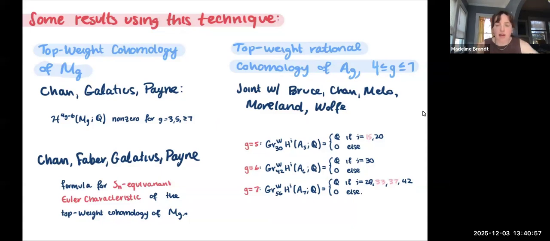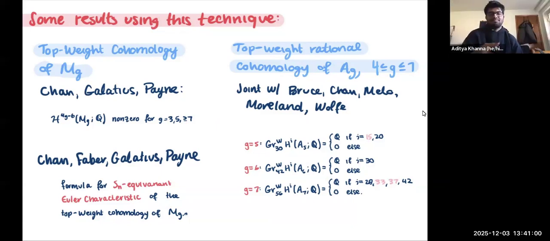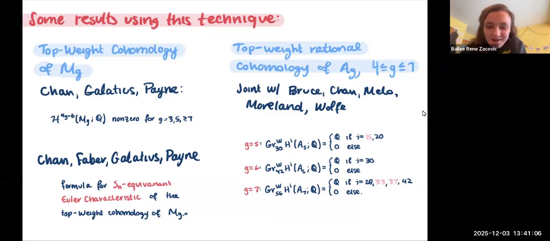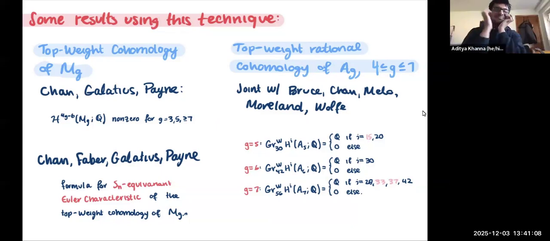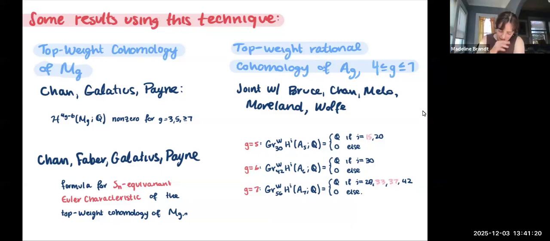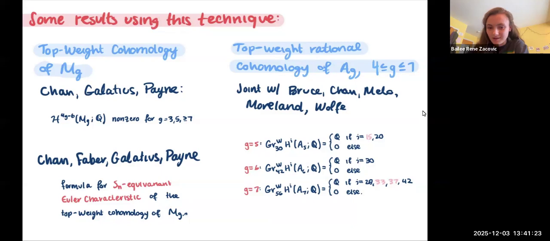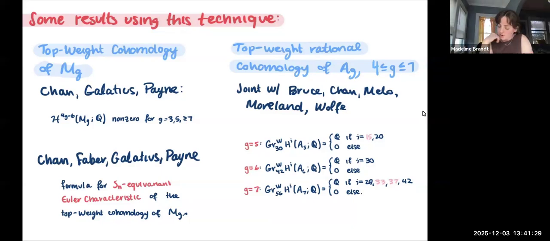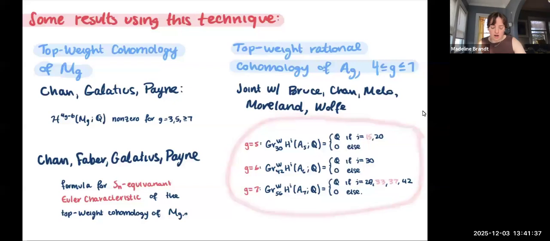Do you, and sorry, go ahead. I was going to ask if you expect odd cohomology for only odd genus or higher genus cases also for even g. Yeah, that I don't know. This computation was done very explicitly.